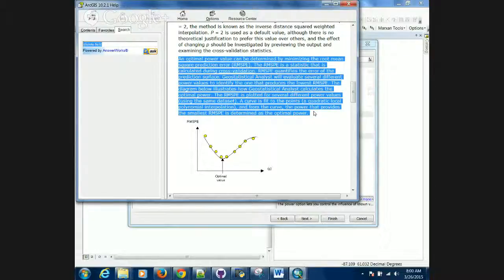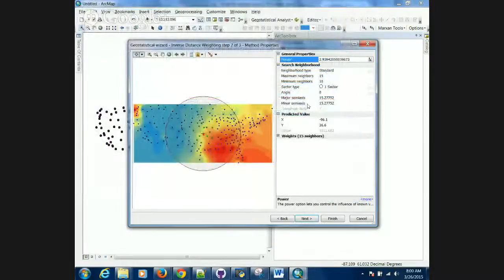And remember what the power does? As the power increases, closer points get weighted more. So your surface becomes less smooth. All right, so that's the only thing we're going to do there. And then we're going to hit next.